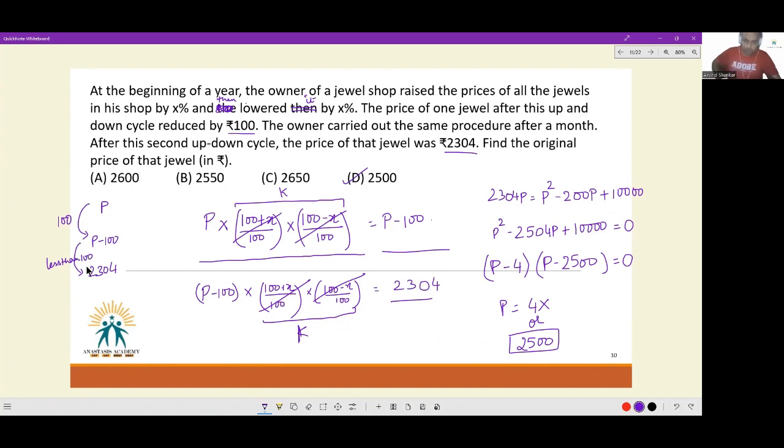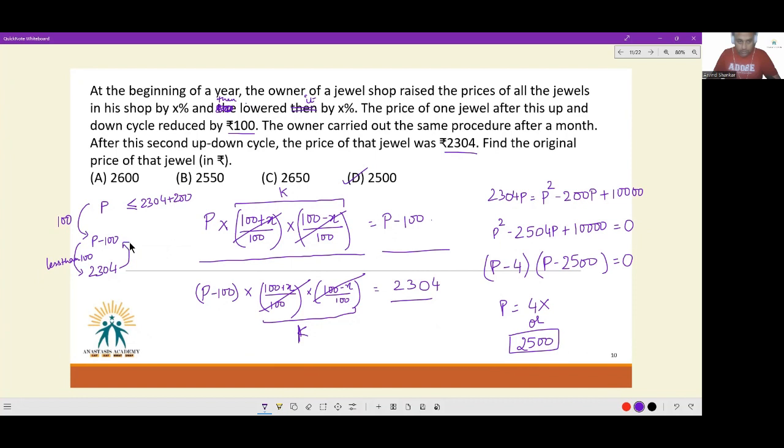Compulsorily, the drop here has to be less than 100, because previously a large number was getting multiplied by K. Now a smaller number is getting multiplied by K. So can I say, if I was simply looking for a range of values for P, P has to be less than 2304 plus 200?